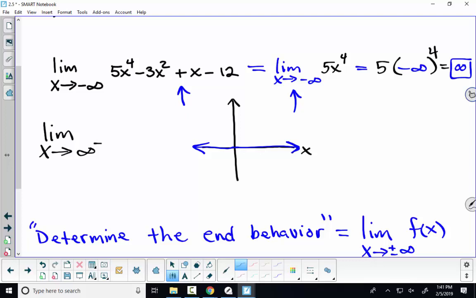All this notation means is: what's the limit of the function as the x values get larger and larger and larger? That's really all it means. We can't approach infinity from the other direction. I can't approach positive infinity from the right or negative infinity from the left. I just don't see that.